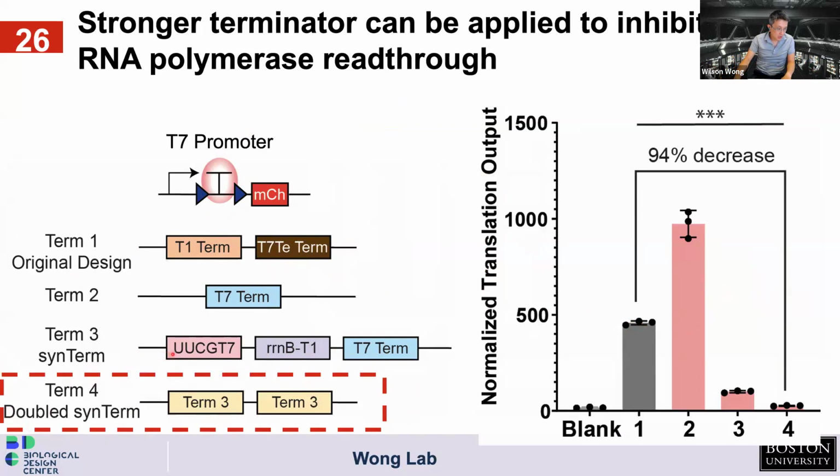It starts off with the original design right here, which we call termination 1, and then 2, 3, and 4. Ultimately the fourth, basically double of 3, works the best. It reduces the basal by 94%. So okay, all right, good.